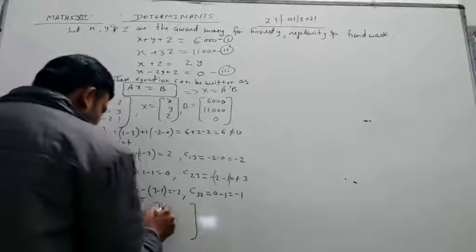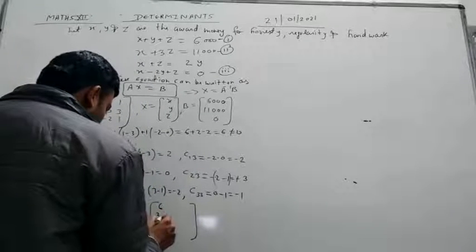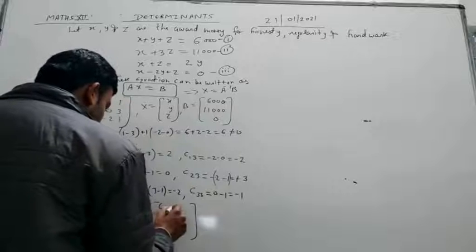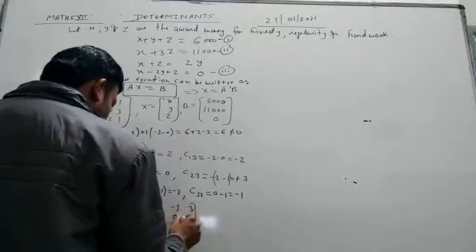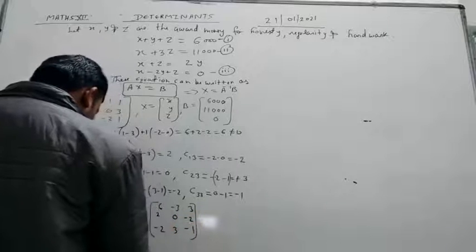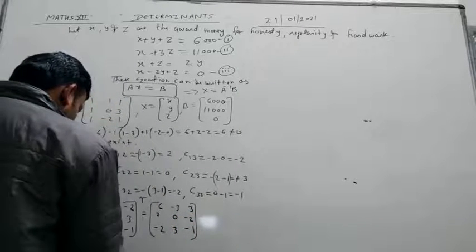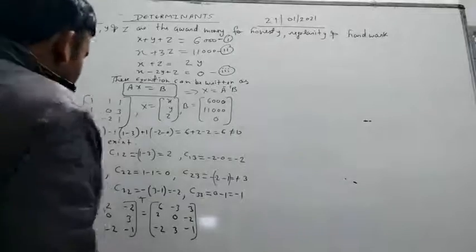Transpose of this 6, 2, minus 2, minus 3, 0, 3, 3, minus 2, minus 1. So this is our adjoint.